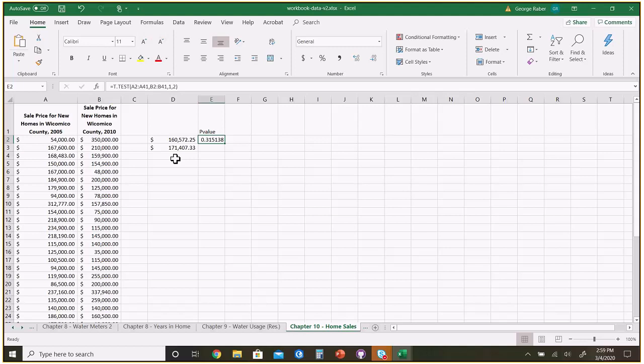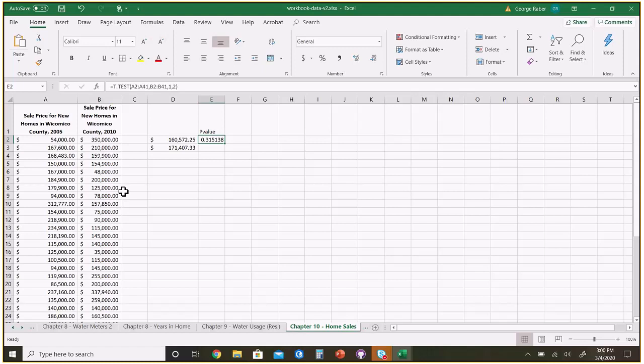Another way to say the p-value is the probability that those two data sets come from the same population. And that's not strictly true. The probability that these two came from the same population is either 1 or 0, right?